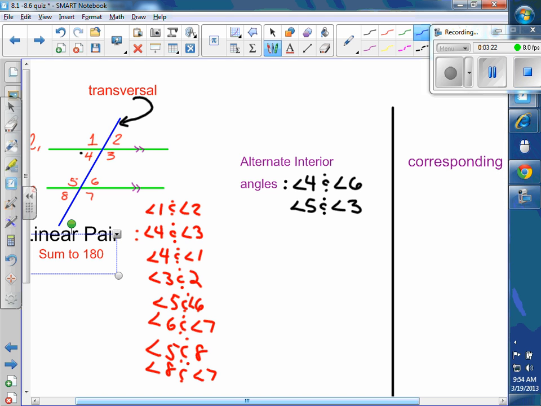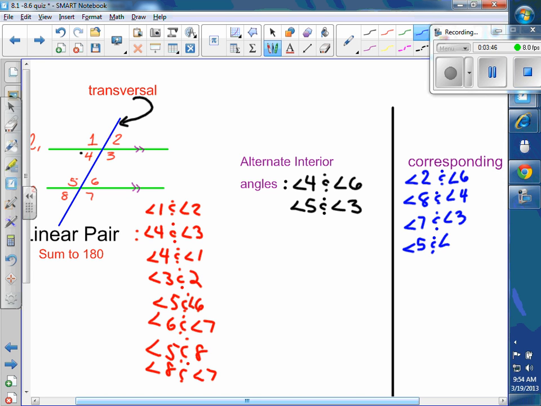Like 2 and 6, that's one set of corresponding angles. So like 8 and 4, because they're both below and on the left side of the transversal. And 7 and 3, 5 and 1 would be sets of corresponding angles.